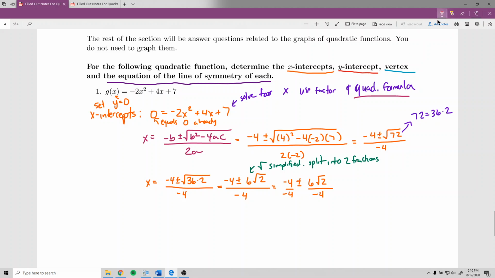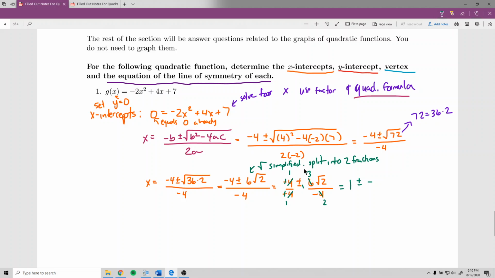Now we can simplify or cancel the negative 4's over here because it's just one part in each fraction. We got 1 and 1, so that becomes 1 plus or minus the 6 and the 4. We can take a 2 out of each. 6 becomes a 3, 4 becomes a 2, and we got plus or minus.